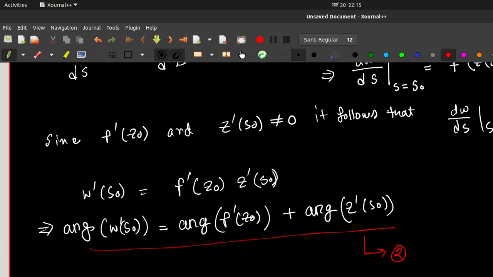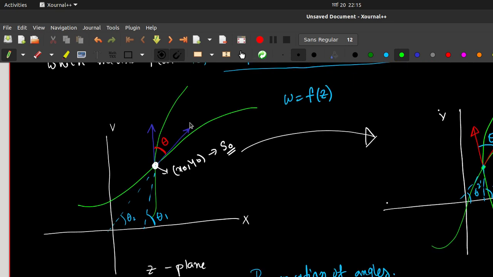plus there is this derivative guy. This is an extra piece. Okay, so let's say we are analyzing this curve, this tangent, and let's say it made an angle of theta 2 in the Z plane, and in the W plane it made an angle theta 2 prime.